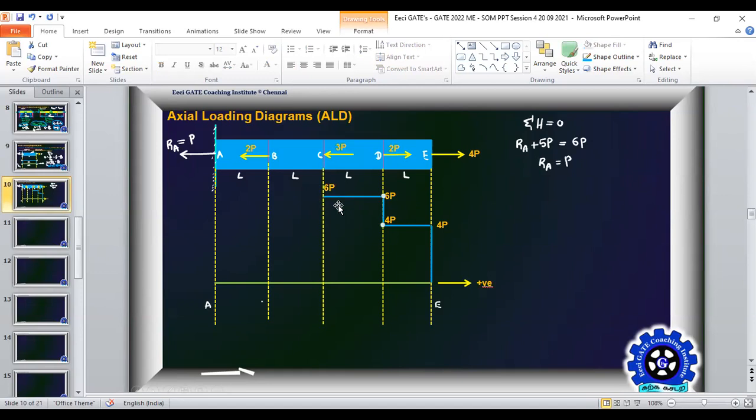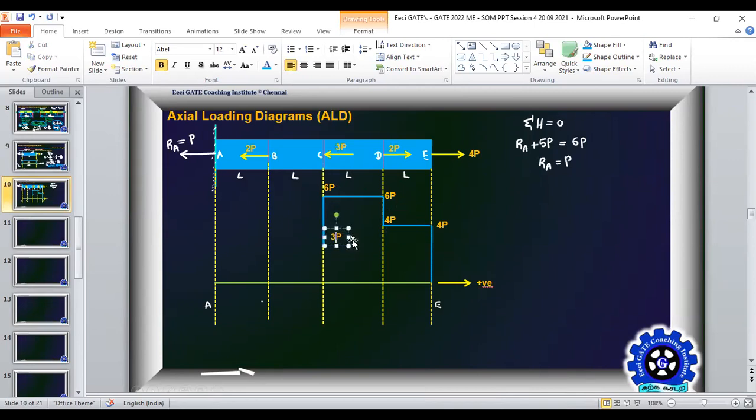Then come down here. Now I am here. I have seen the load. Both are acting in opposite direction. Opposite direction means we need to move down, right? We need to move down by 3p, because it should be below that 4p, na? We need to move down by 3p. 3p means 6p minus 3p.